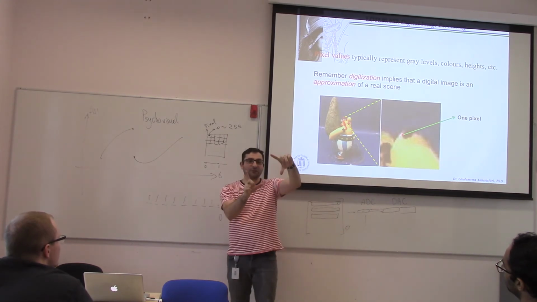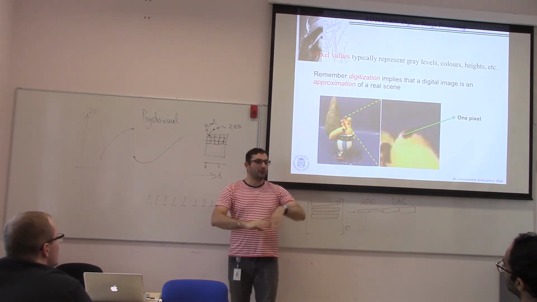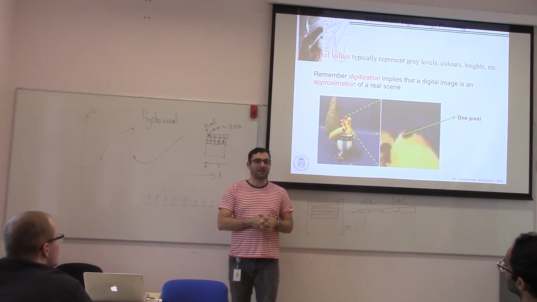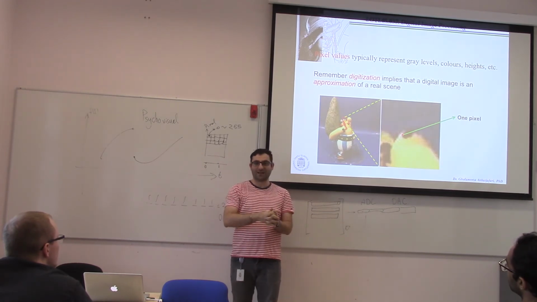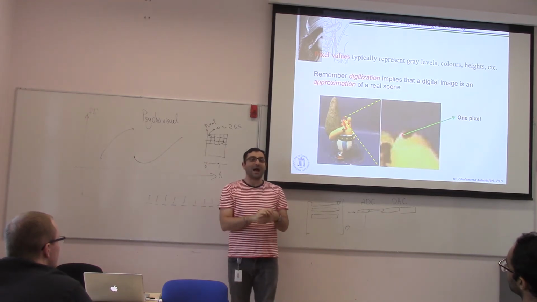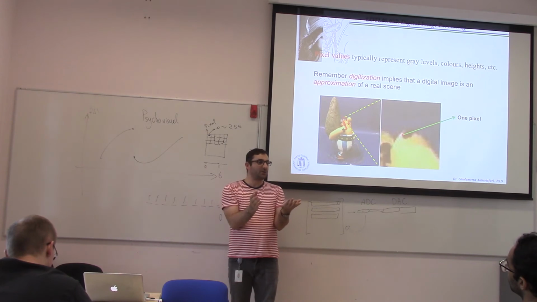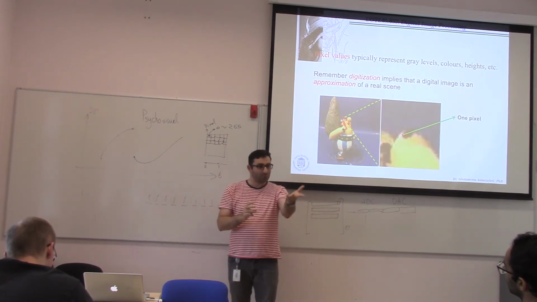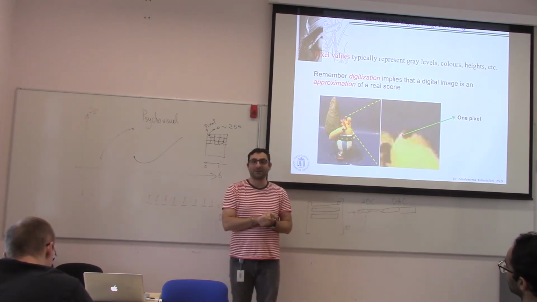Let's say that you take a very nice photo of yourself at a very nice place. Let's say you go to Viljandi and take a selfie with the Viljandi castle, and you send it to your parents. And they say, oh, what a nice picture, what a nice view, you look very handsome, you look very pretty, and so on.